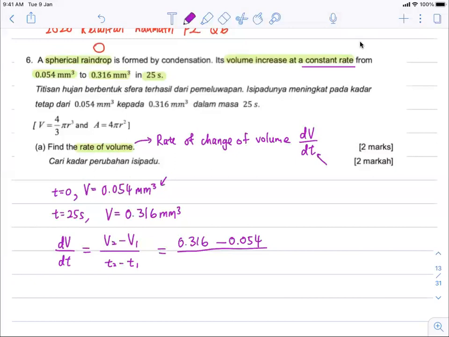T2 is 25 seconds here, and T1 is 0. So we put into our calculator, we get 0.01048 millimeter cube per second. So this is the rate of change of volume.